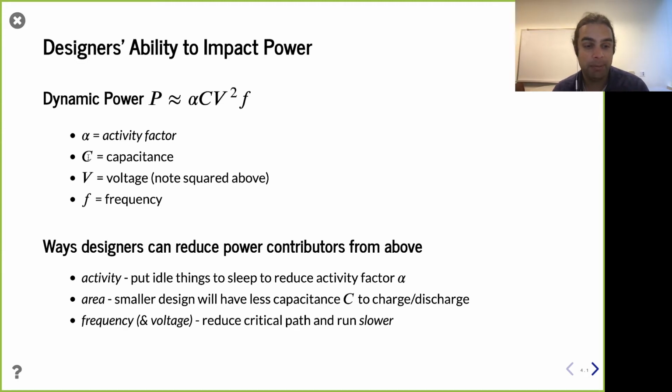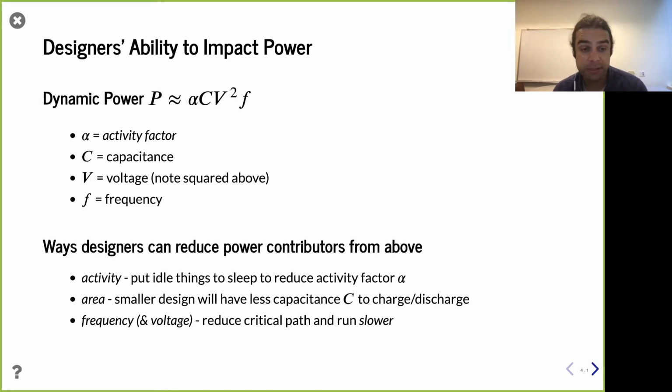What about capacitance? It's kind of a weird thing to hear from a designer. Really, the way you can think about it from our point of view is actually just area, right? If I have a smaller design, it's going to have less capacitance, right? That's going to save a bit of power because there's less to charge and discharge. Now, you might ask, what's the relation of capacitance to process technology, for example? If I go from a 10 nanometer process technology to a 7 nanometer process technology, what happens?